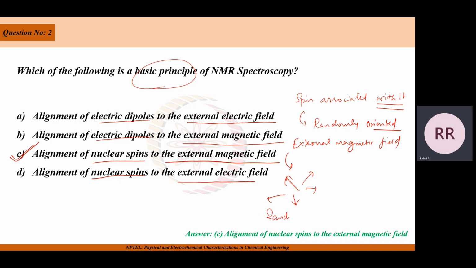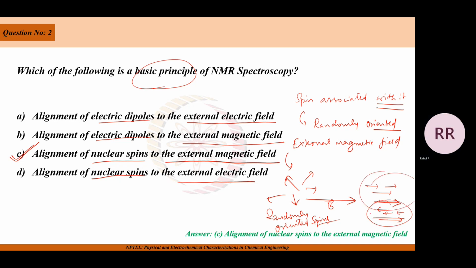This is a randomly oriented spin, in the presence of some external magnetic field. Let me call it B. It will either align along with this magnetic field, or it can align against this magnetic field. This alignment can result in some kind of energy change, and this energy change can be further analyzed to get a proper NMR spectrum.